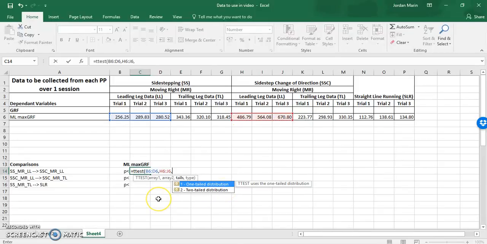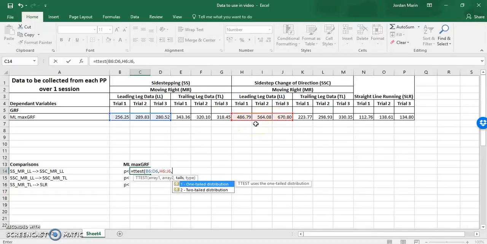So you type a comma, now it's asking you whether it's a one-tailed or two-tailed test. In other words, whether we know which condition is going to be higher than the other. We're assuming that there's going to be a statistical difference, or we're hoping we might find a statistical difference, but which condition is going to be higher? If you look at these 3, you can see these are in the 200s, and these are in the 400, 500, 600s.